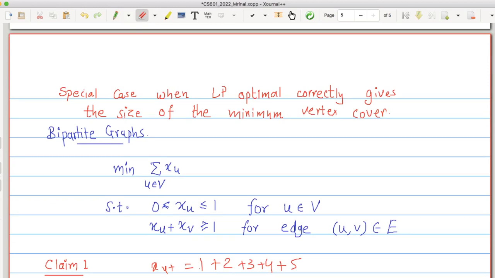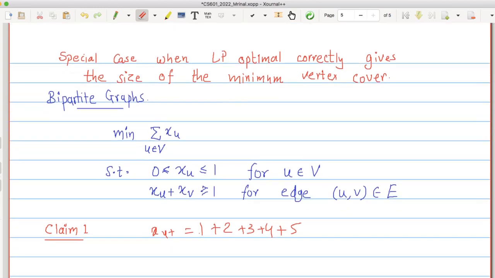So this is the LP we will write. Because we want to minimize the size, we will have minimize summation of xu over all vertices, each vertex variable is between 0 and 1, and for every edge our constraint is that xu plus xv should be at least 1, right?